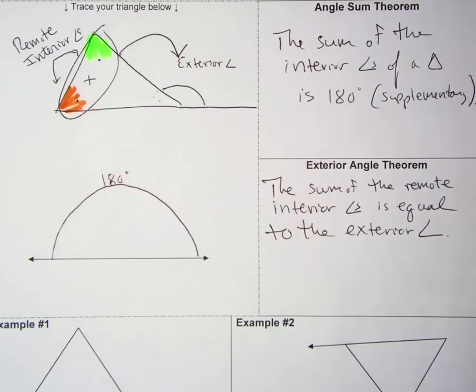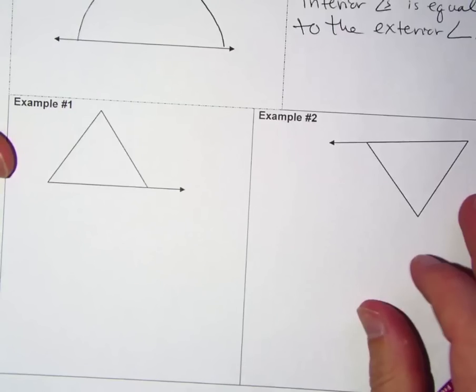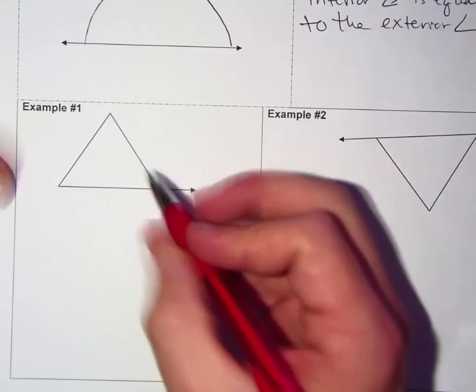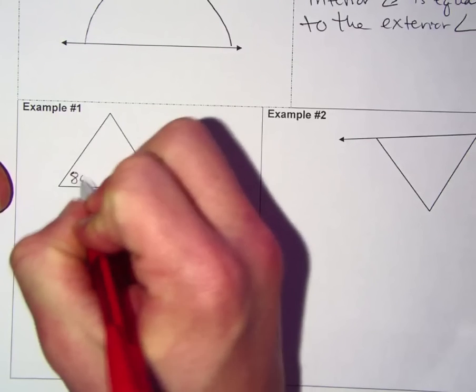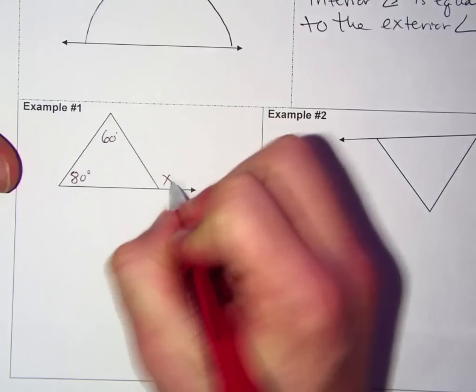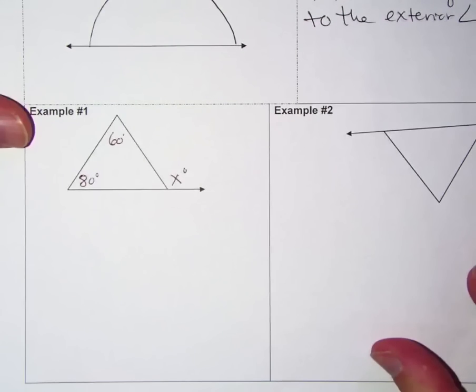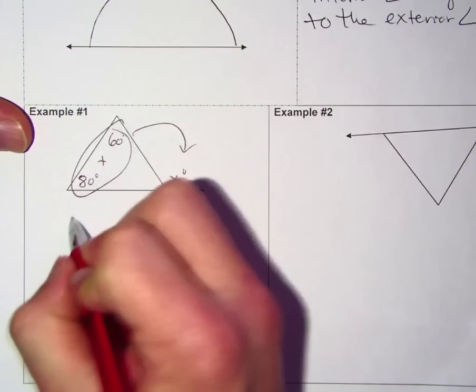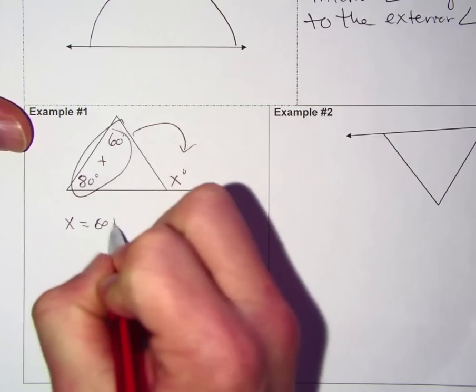So if we take these ideas and apply them down here, let's see what can happen. So imagine, for example, if this angle here was 80 and this was 60, and I wanted you to tell me the exterior. Well, the sum of these two add up to this. So you could say x equals 80 plus 60.